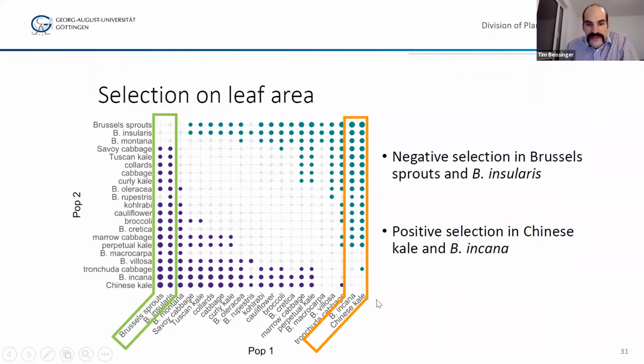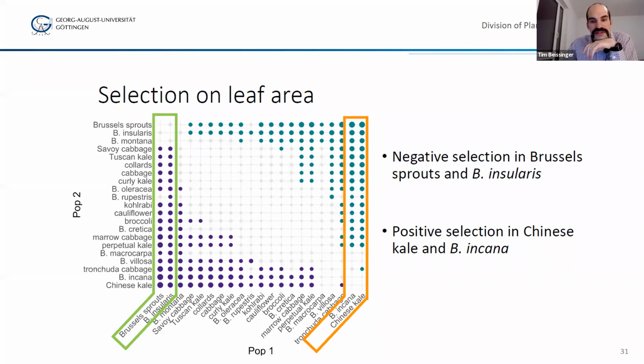So the way to read this plot is she's looking here at pairs of species and then saying, is there selection for or against different leaf sizes between these species?